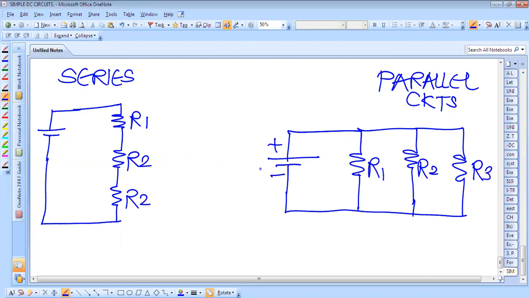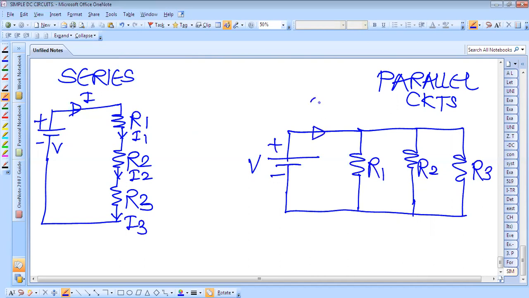This is a voltage source. This is also a voltage source. So here the total current is flowing. The current flowing through R1 is I1, the current flowing through R2 is I2, and the current flowing through R3 is I3.